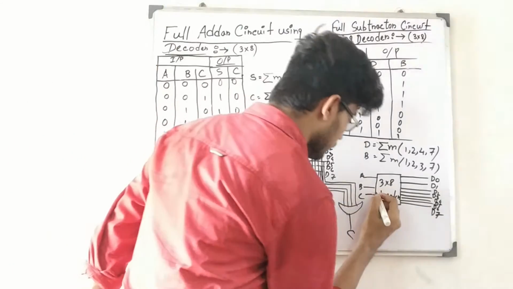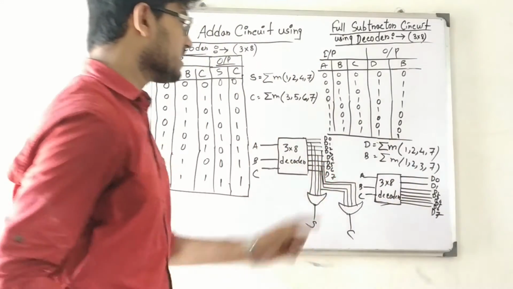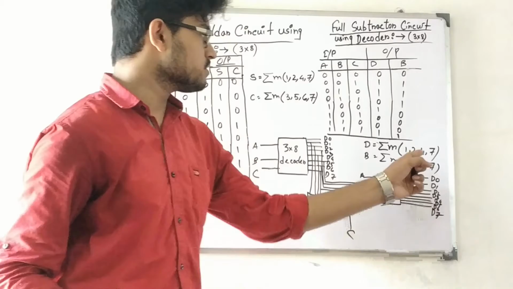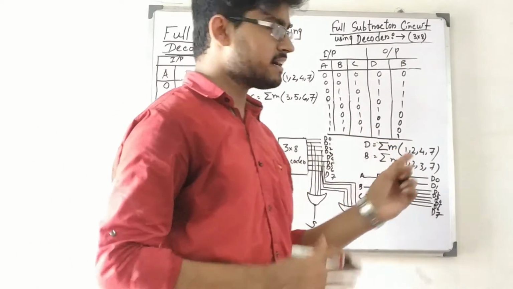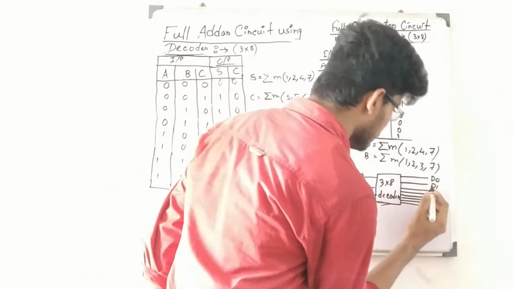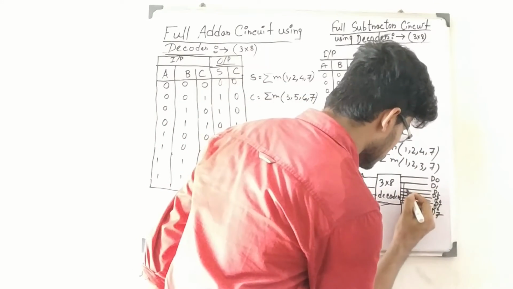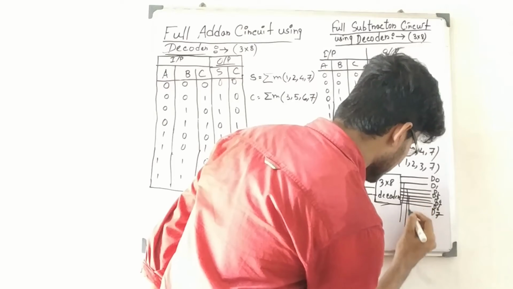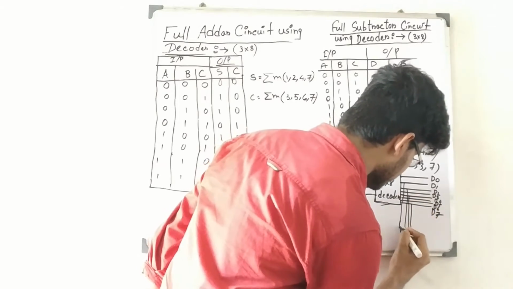We can see here that for the difference term, only the 1, 2, 4, and 7 inputs give a high output, and the rest of the inputs give a low output.